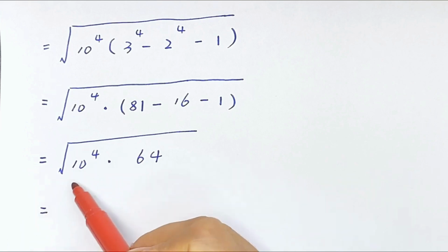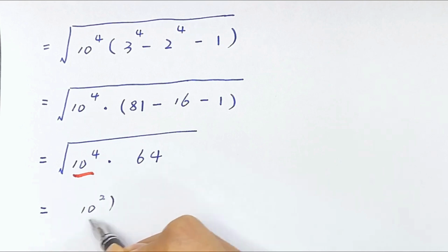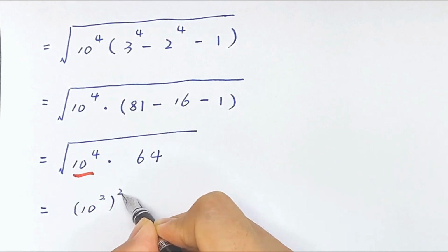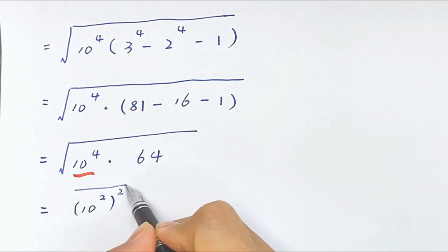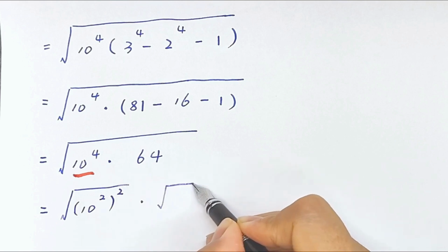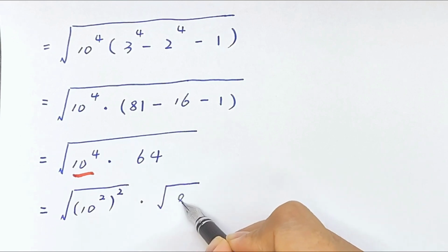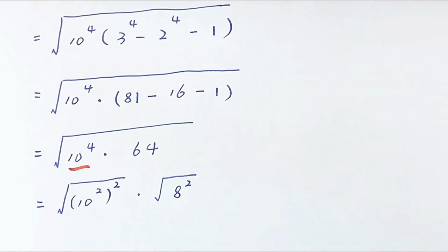Equals 10 to the power of 4 is same as 10 squared bracket to the power of 2 times square root of 64 is same as 8 squared.